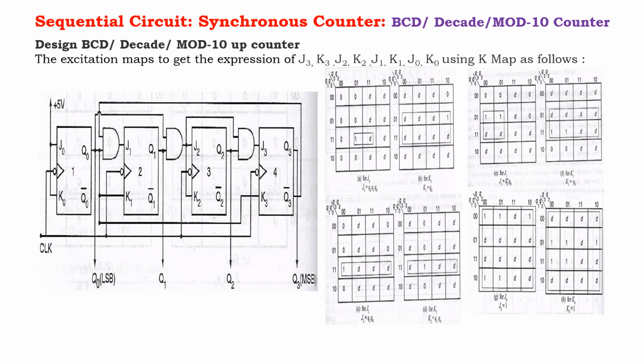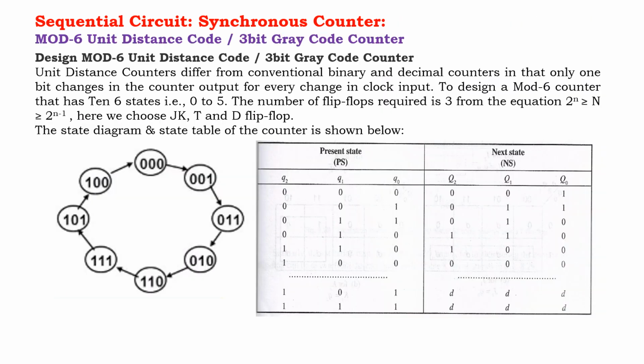Okay, so then we will get the BCD or decade or mod 10 up counter. Now this is a very interesting example, that is the mod 6 unit distance code or 3-bit Gray code converter.